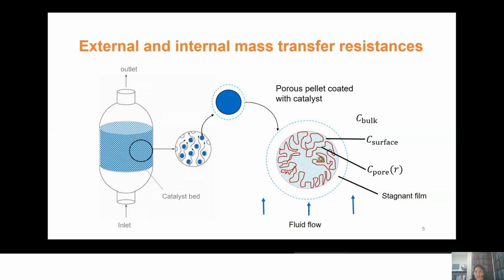There's also surface diffusion. So you have many active sites along the wall of your pore channel, and your species, when they get attached to an active site, can also migrate to another active site depending on the concentration difference. So that's called surface diffusion. So there are many types of diffusion.